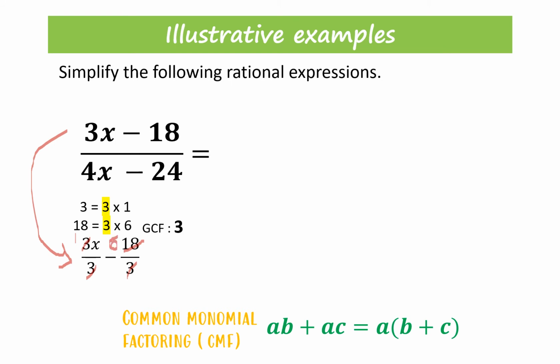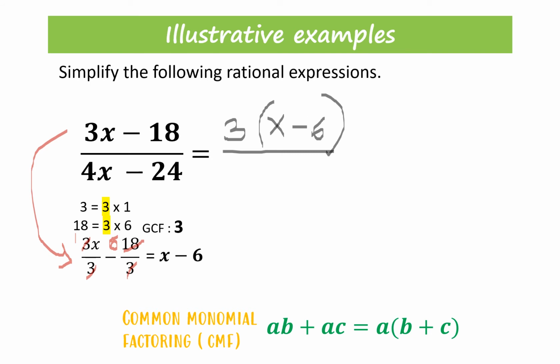So, therefore, ang final answer natin upon dividing will be x minus 6. So, pwede na natin iset ang factors ng numerator. Unahin natin sa GCF, which is 3. And the other binomial factor, which is x minus 6.